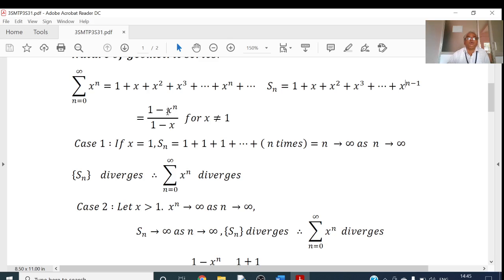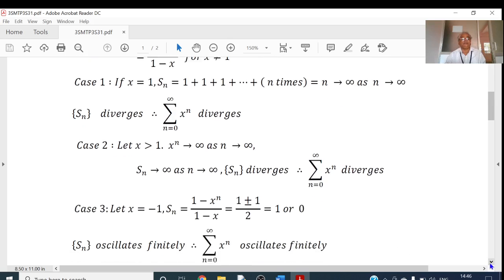So x to the n goes to infinity, which means Sn tends to infinity as n tends to infinity. Therefore, we say that the sequence Sn is divergent. If the sequence Sn is divergent, then the given series is also divergent. So if x is greater than 1, the series sigma x power of n is divergent.